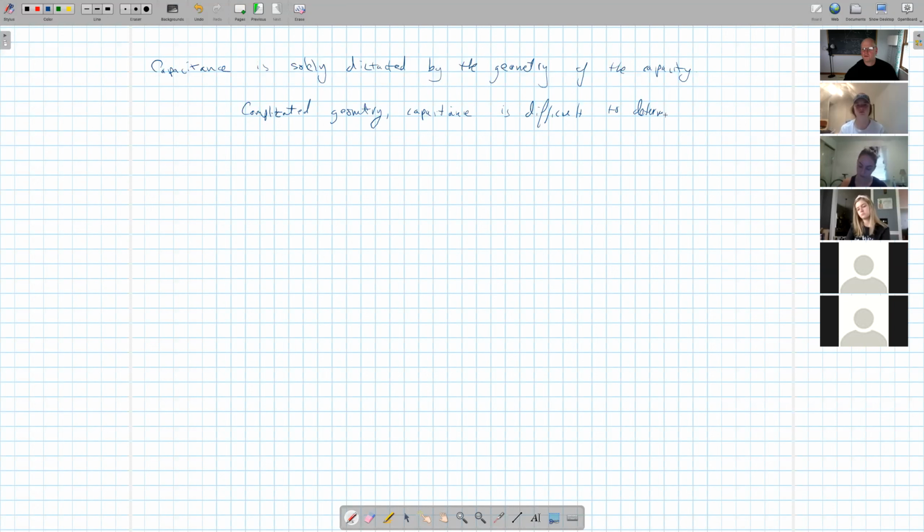So if we want to know the capacitance of our capacitor in a complicated geometry, what we would have to do is just experimentally measure it.